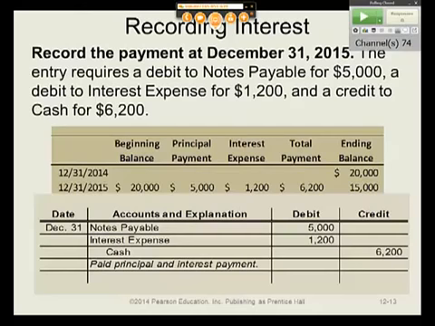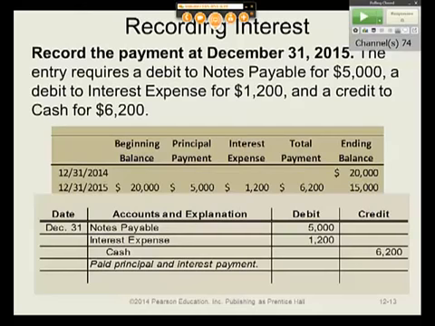And we can continue to use that table to make the next entry. So, for instance, let's go to the next year. If I wanted to go to 12/31/2016, although it's not shown, what would happen?